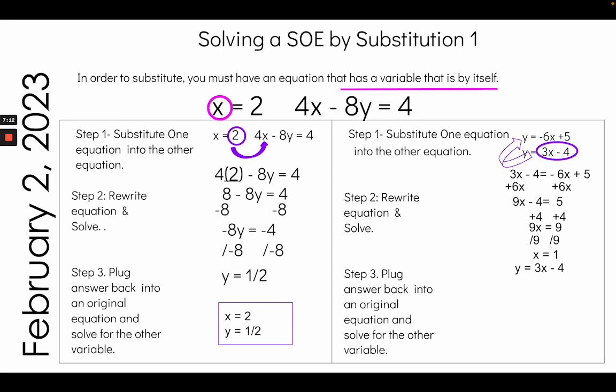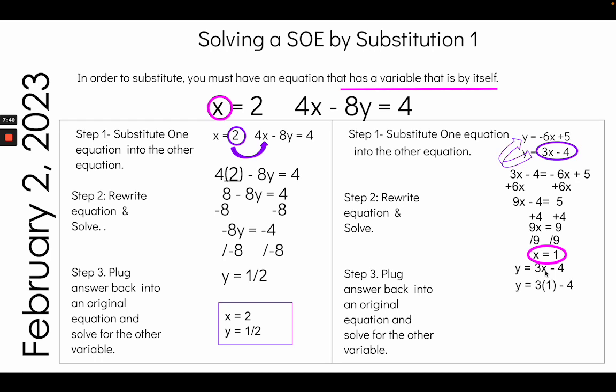It has smaller numbers, and we can see that the coefficient is positive as opposed to the equation up here. Our coefficient negative 6 is negative, and so this should make it easier. Okay, so we're going to substitute the 1 back into one of these original equations, and because this is equal to 1, this x here is also equal to 1.